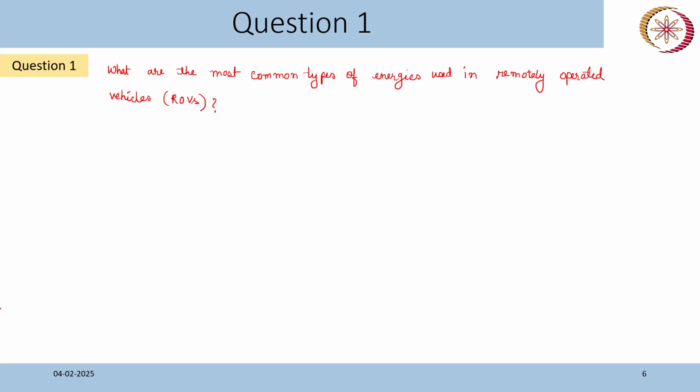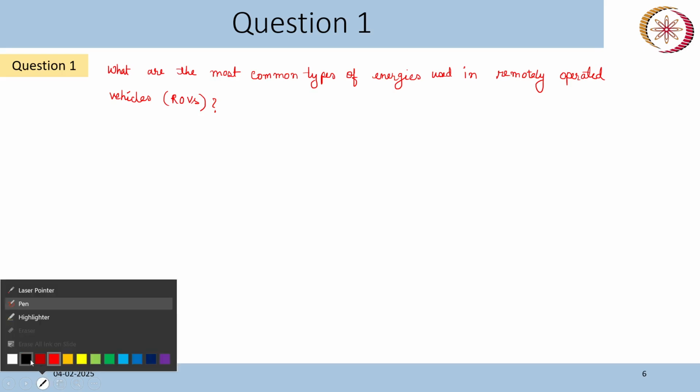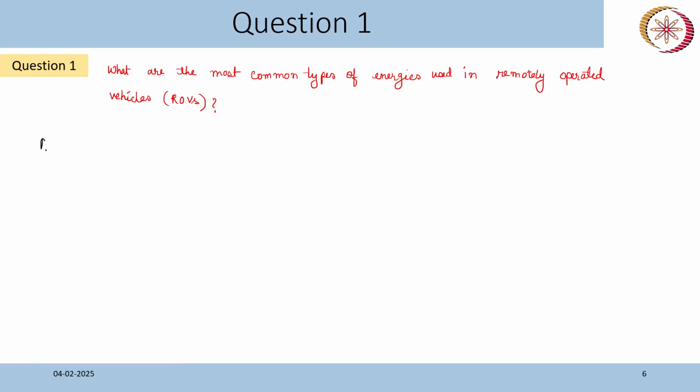So you are right. What are the different types of energies which are used in ROVs? I will write down the answer. Electric current or electric energy, hydraulic pressure, and pneumatic pressure.